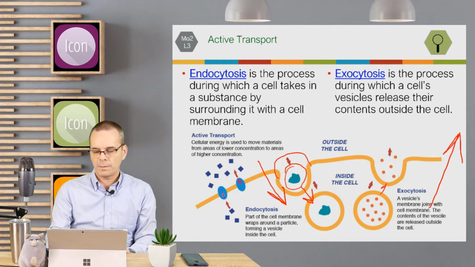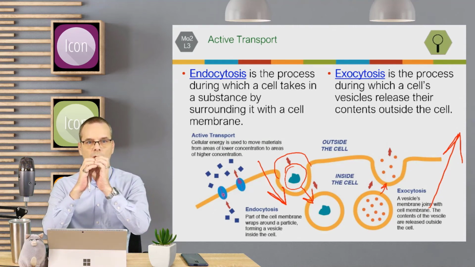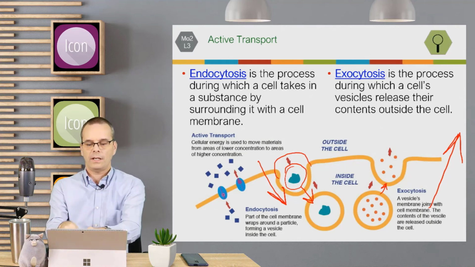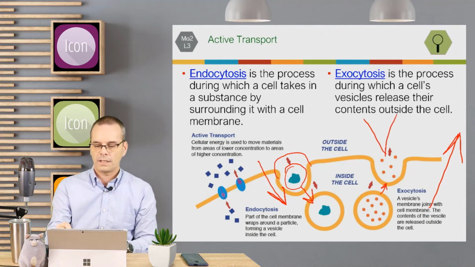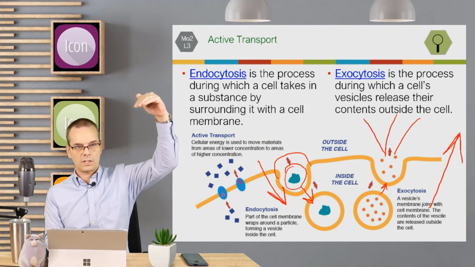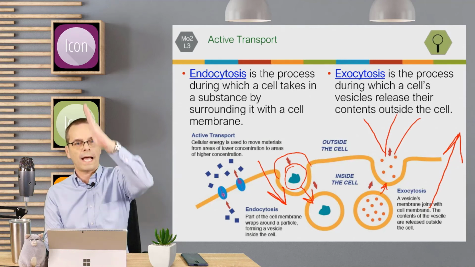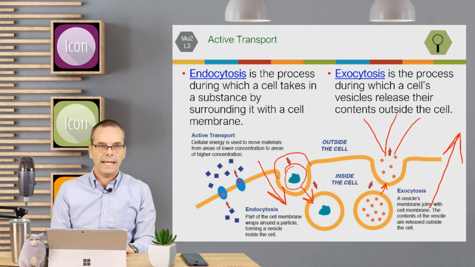And then it bumps up against the cell membrane, and merges with it, and then it just opens up, and everything is now outside the cell. So again, endocytosis is going in the cell, exocytosis is going out of the cell. Endo, in, and exo, exit.